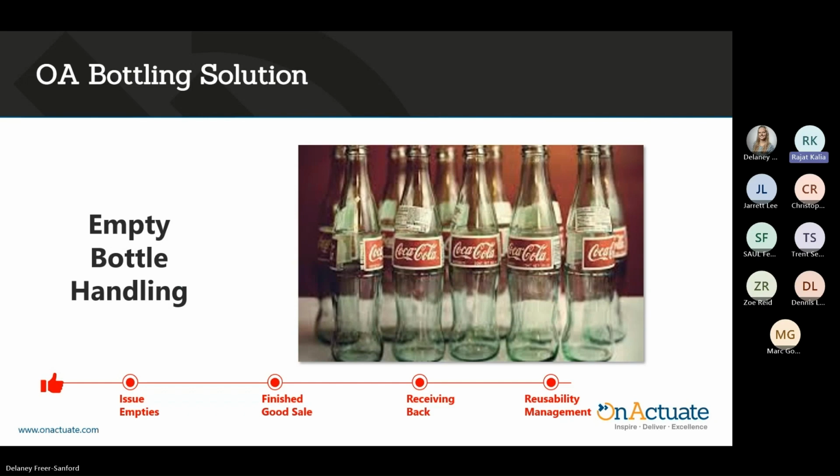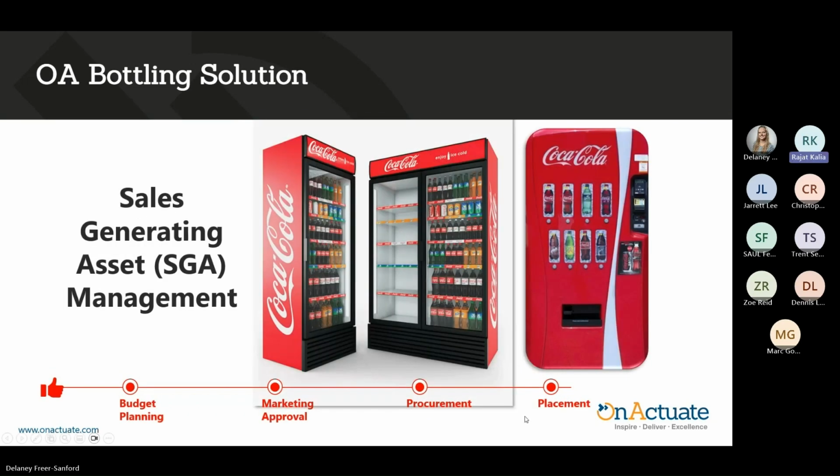The next most important feature is the sales generating asset management. Next slide, please. Sales generating assets such as fridges or coolers, which are also known as SGAs, are significant for bottlers for several reasons.